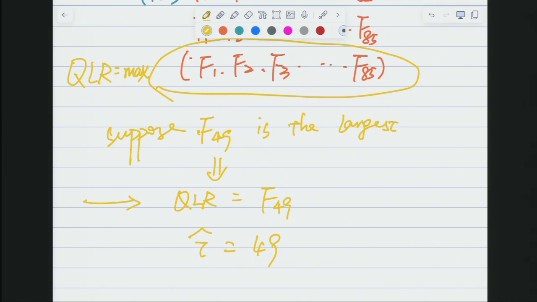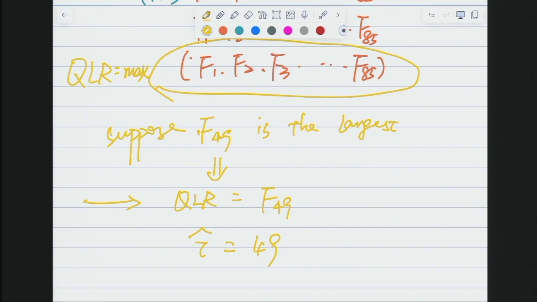So if we do the QLR test that corresponds to the middle 70% of our sample, then we can find that, okay, the line here basically depicts the F statistic, the child test statistic, that corresponds to each possible break in the middle 70%.